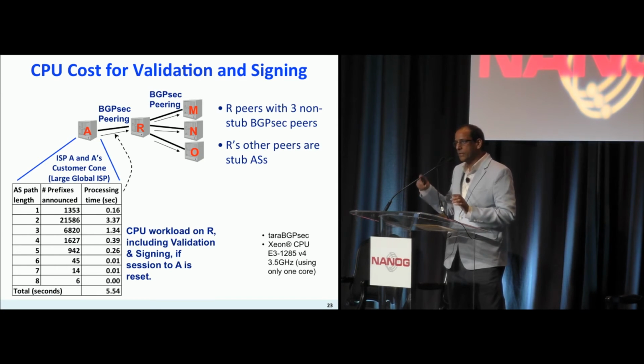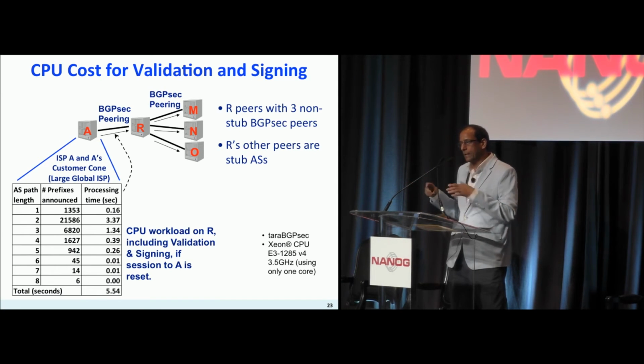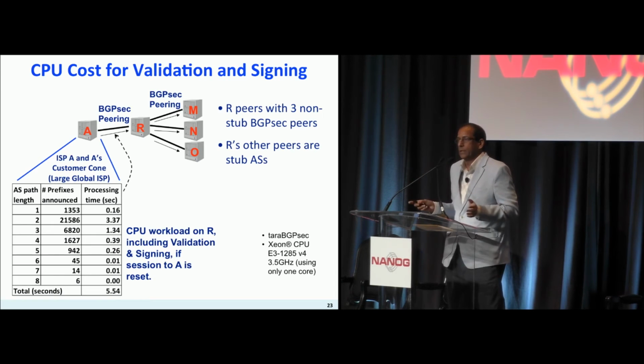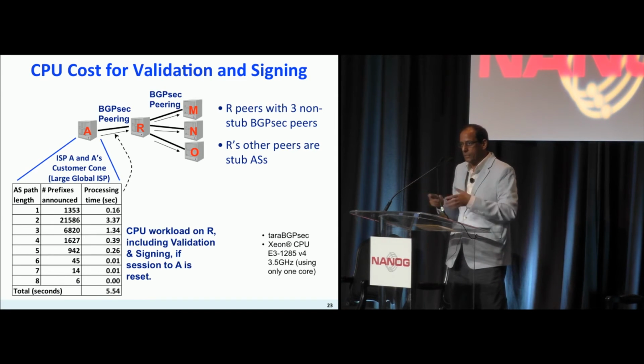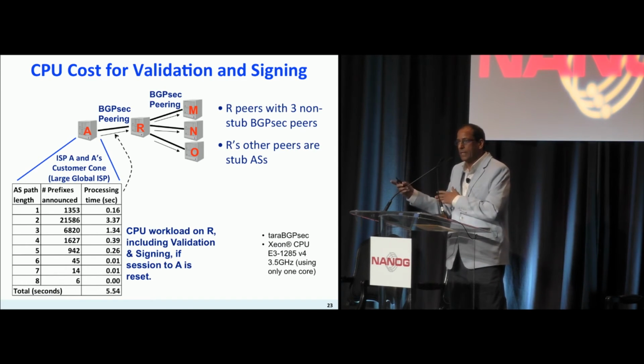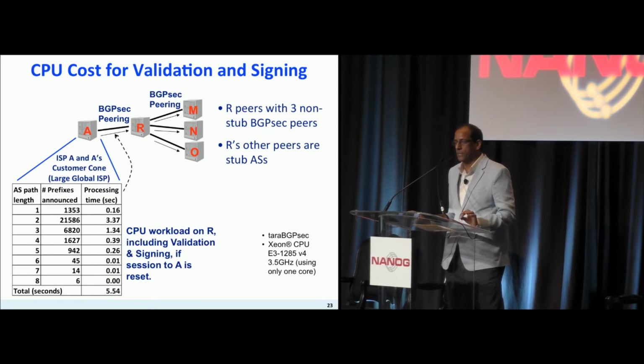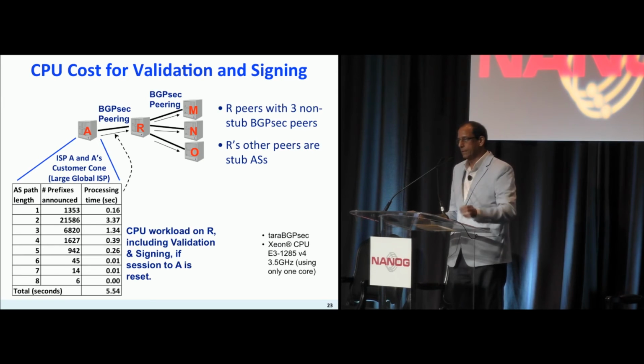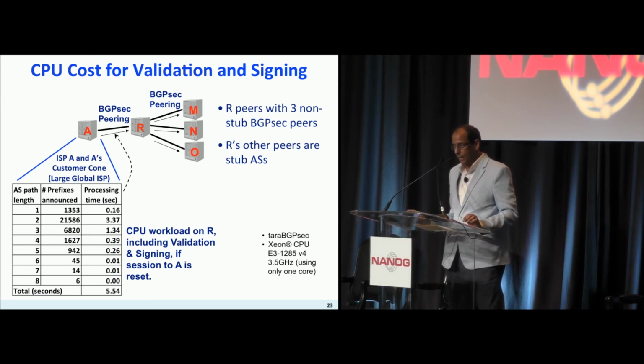And when the update leaves the BGPsec island, this group of adjacent ASs which are doing BGPsec, then the signatures are dropped and the update is converted to a traditional BGP4 update and sent over outside of this contiguous set of ASs. So that's how BGPsec would work during the partial adoption period.